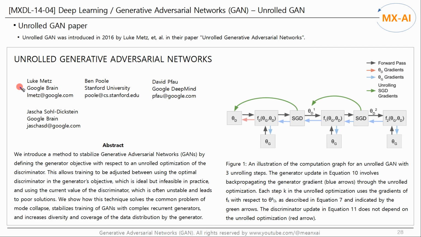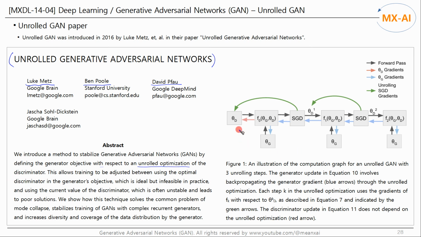Unrolled GAN was introduced in 2016 by Luke Metz et al. in their paper, Unrolled Generative Adversarial Networks. The authors of the paper introduce a method to stabilize generative adversarial networks by defining the generator objective with respect to an unrolled optimization of the discriminator.